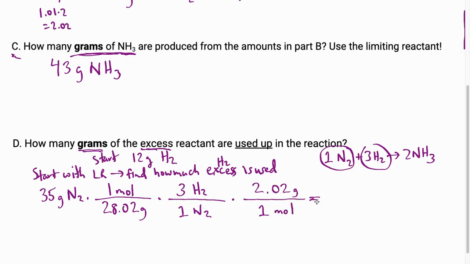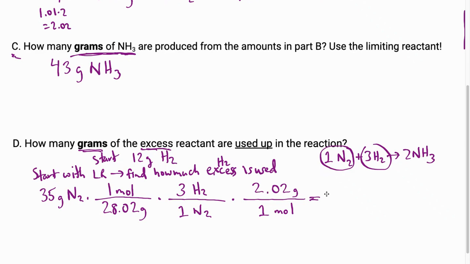All right, I'm going to plug this into my calculator and figure out how much H2 has been used by the limiting reactant. So I'll put in 35, then divide by 28.02, then multiply by 3, then multiply by 2.02.